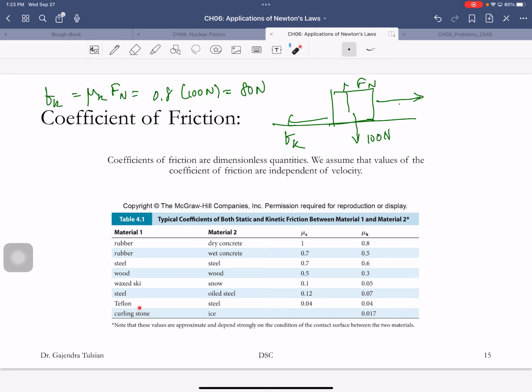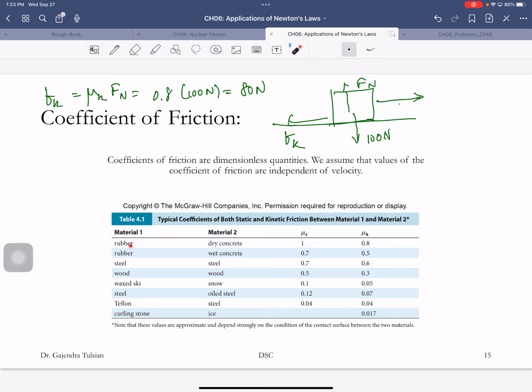If you had a Teflon block sitting on steel, for a 100 newton Teflon block, you need a 4 newton force to keep it moving. That's what those things are saying. What is this number saying?